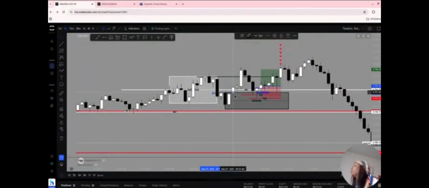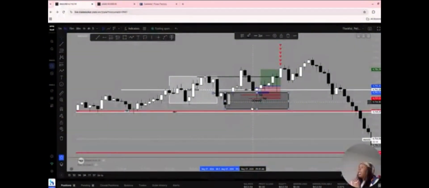Alright, so once price broke this swing high right here, which is this bullish candle, this bullish candle broke this swing high. So once it broke this swing high, I created a demand zone. A demand zone is when you're going into a bullish trend, because demand is like if you selling something, it's a high demand for that.